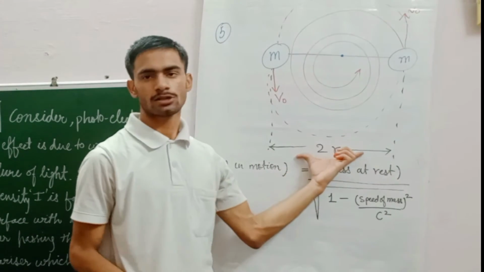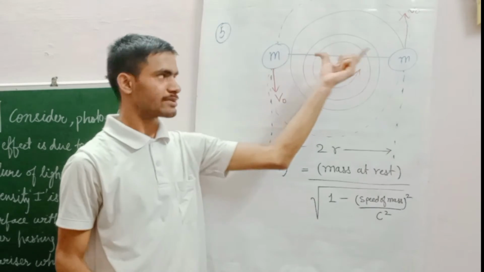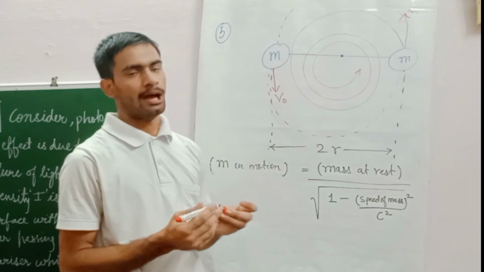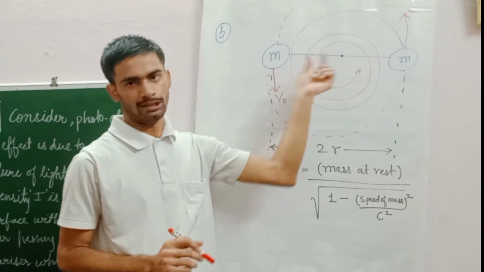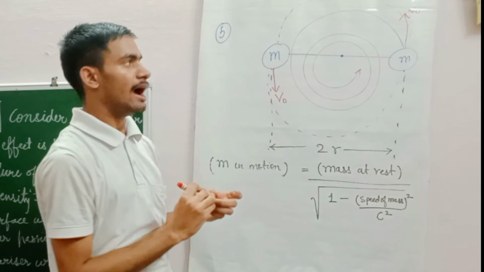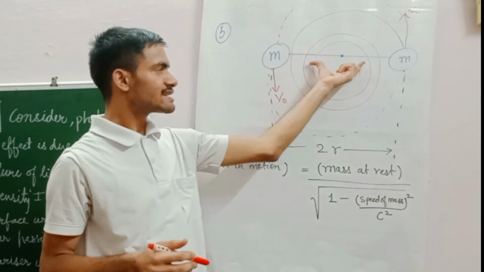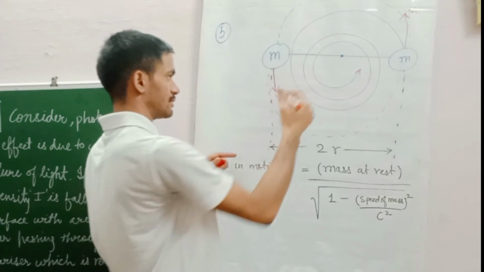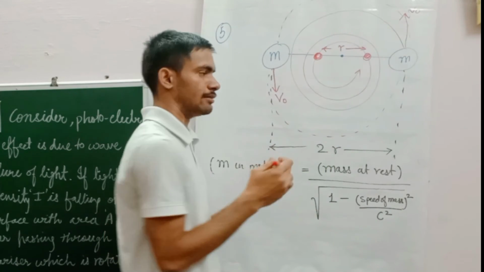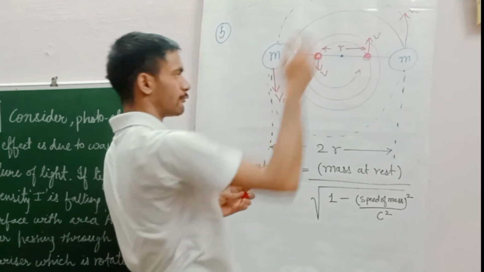That means when they are at the distance of 2r, they are going to rotate about their center of mass with the velocity of v naught, and due to the gravitational attraction they keep on moving toward their center of mass, and then you have to find what would be their velocity when the distance between these two bodies is r. That means what happens when they are at a distance of r from each other, what would be their velocity of rotation. This v you have to find.